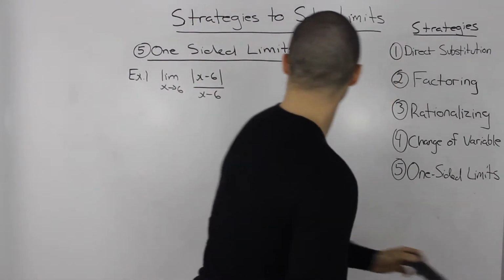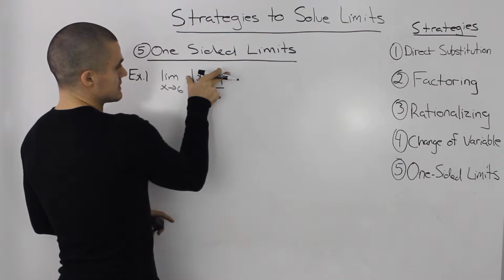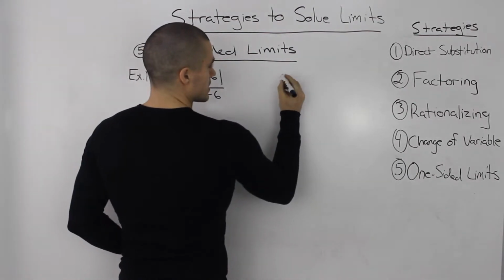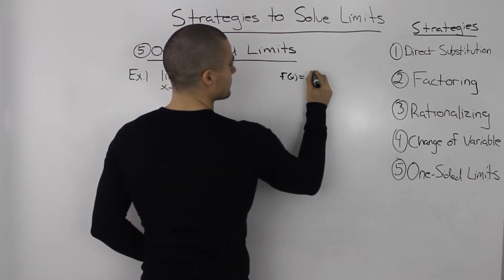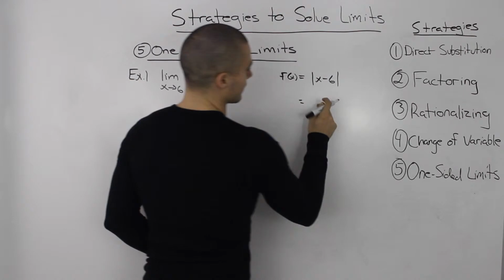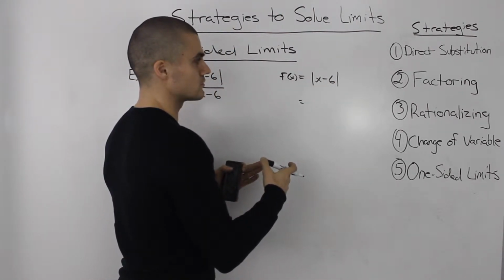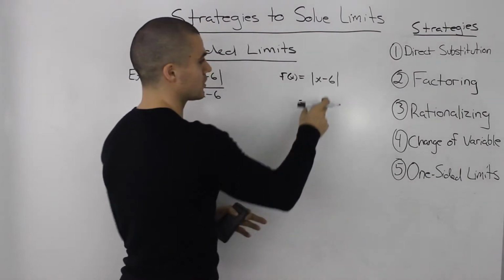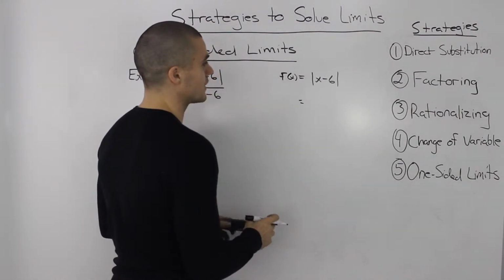So let's just work with this absolute value for now. What's an absolute value again? Basically, the absolute value changes any negative number inside to a positive, and any positive stays as itself, right?